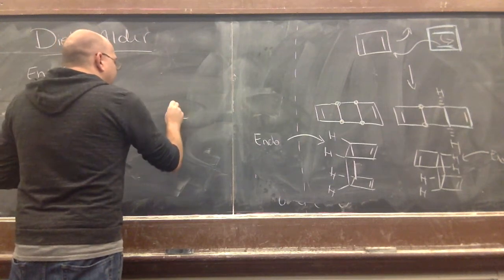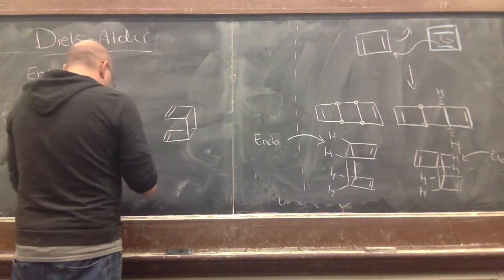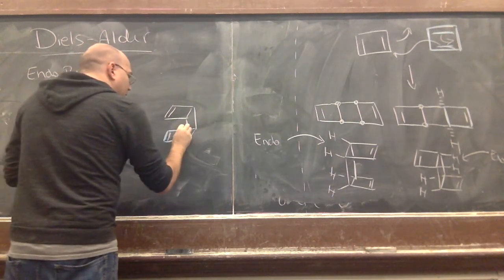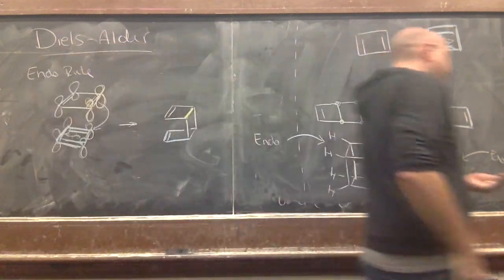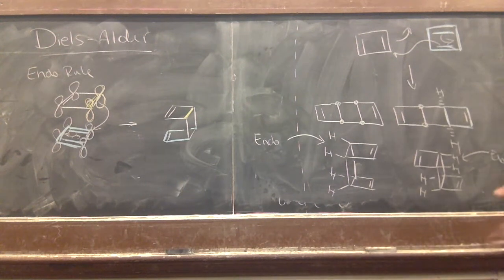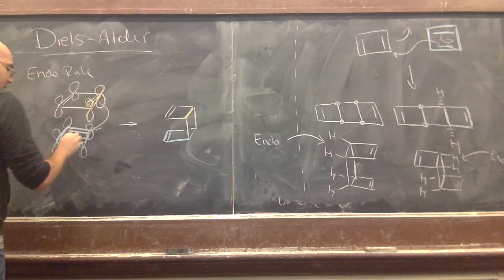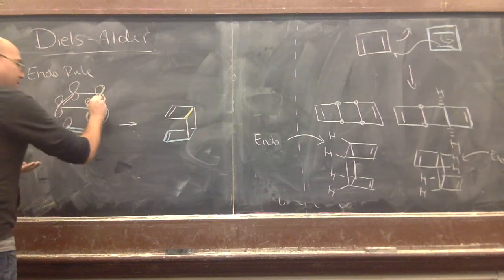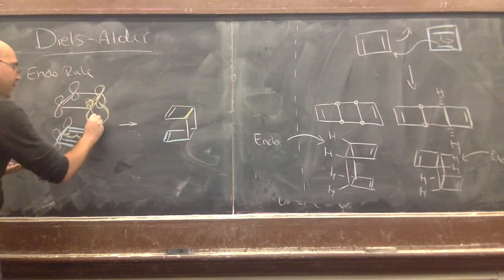Because it's facing the opposite way. Green arrows are going to go there, to there, and then back up to there.